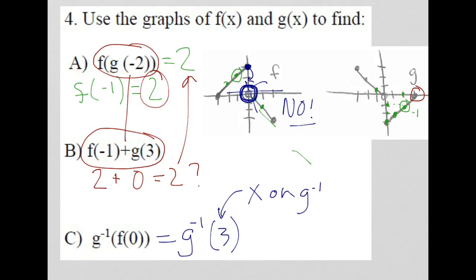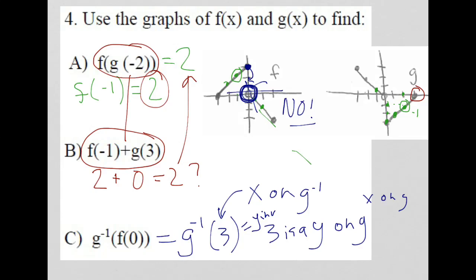So 3 is an x value on g inverse, which tells me that 3 is a y value on the g function. And if you think of g inverse of 3, that's asking me to find the y value on the inverse, which means I'm finding an x value on g.